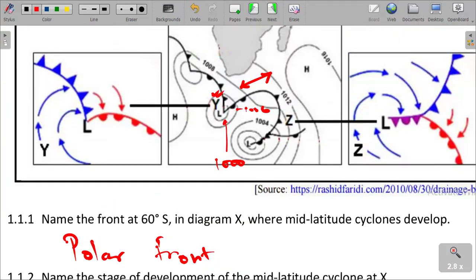Of 44. So if we say 1080, and then we say 1000, then we say that the pressure at Y should be 1000 hectopascals.